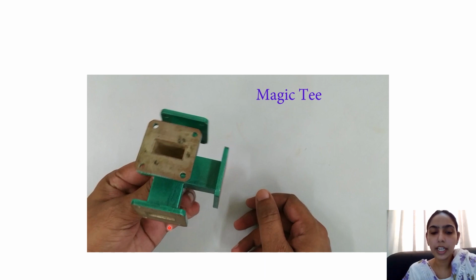So if you provide some powers to the first port and second port, at this particular port we get the addition and at this particular port we get the subtraction of the powers from port 1 and port 2. That is why the name magic T: it is a combination of the E-plane T and H-plane T. At one port the addition operation is performed and at another port we perform the subtractive operation.